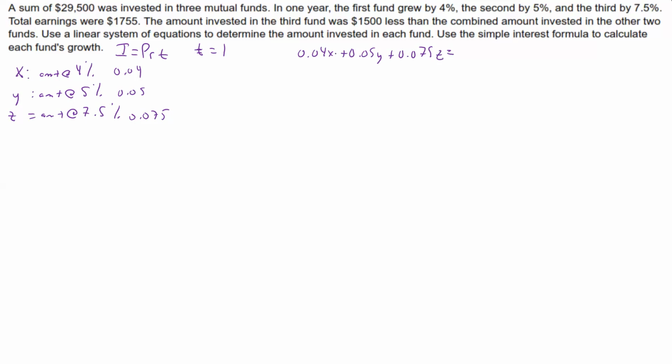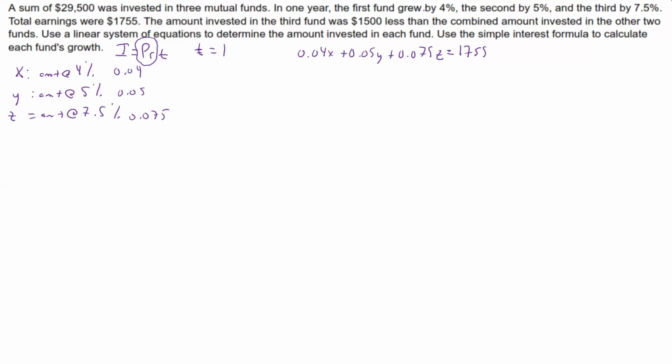Now we're taking the principal times the rate, times 1, but we don't have to write 1 every time; that's redundant. That gives a total of $1,755. So that's the first interest, the second interest, the third interest, and adding them gives the total.